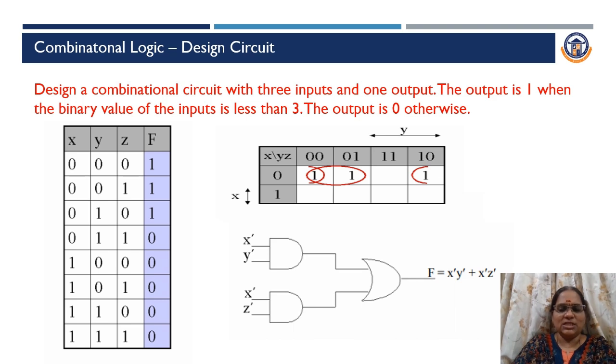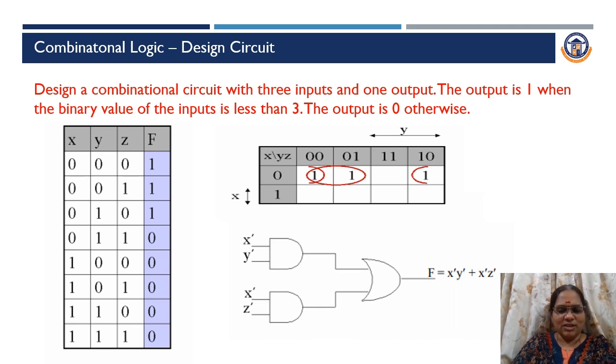So we have the expression x bar y bar plus x bar z bar. For this reduced expression, we have implemented a circuit using 2 AND gates, one which produces x bar y bar and another AND gate which produces x bar z bar. The 2 AND gates are given to an OR gate. So the expression was implemented.